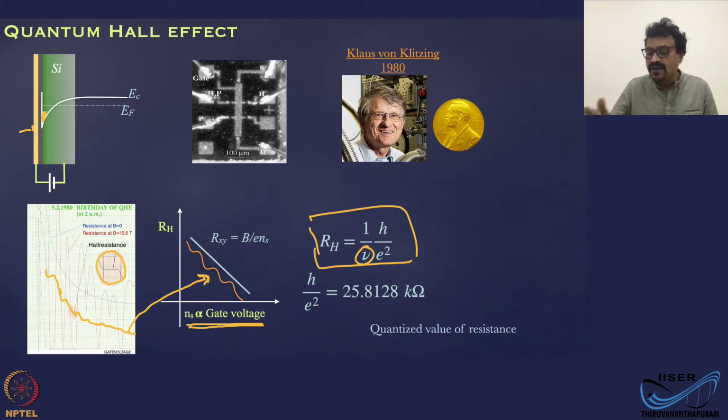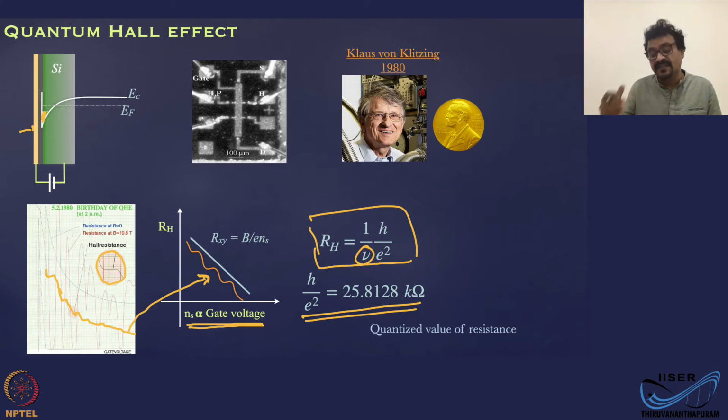Okay. So what you have is a step-shaped curve instead of a straight line, where the step values are actually quantized in h by e squared. That means the highest value is h by e squared, and the other steps are 1 by nu of h by e squared. Okay, where h by e squared is the resistance quantum or quantized resistance value, which is equal to 25.8128 kilo-ohms. Okay, so this is the quantum Hall effect, where the Hall resistance is quantized in h by e squared.